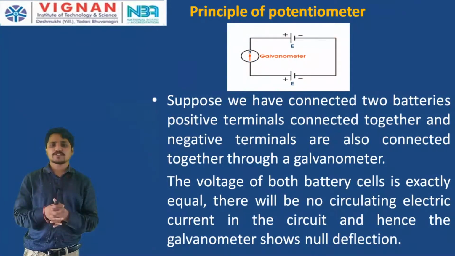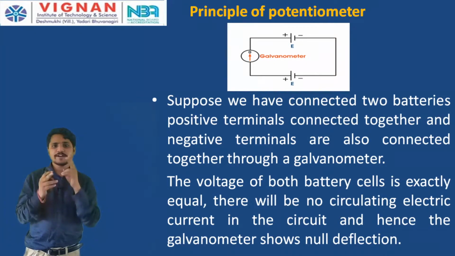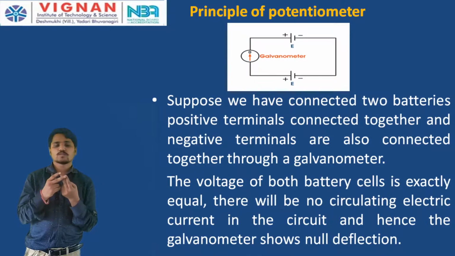So first, principle of operation of potentiometers. So what is the idea about the principle of operation of potentiometer? Let us take only two cells or batteries which are having a small voltage. Let us say 3 volts. Both the voltages of these cells are the same. That is, if one cell voltage is 3 volts, another cell voltage must also be 3 volts.